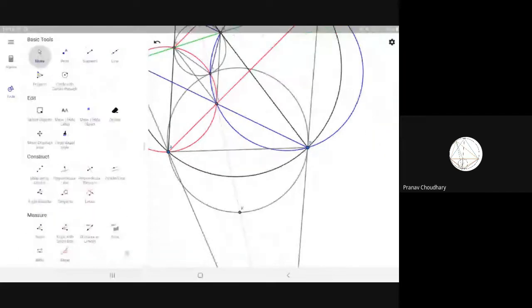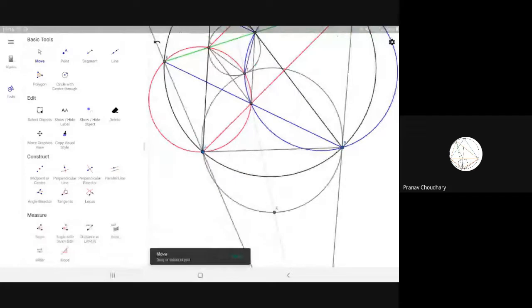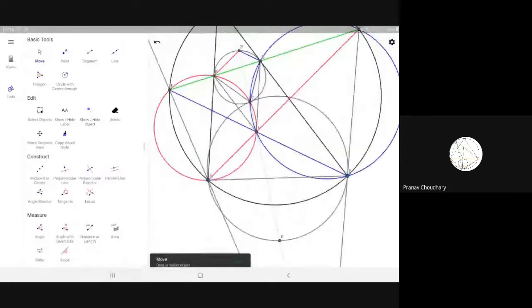It's basically the same kind of angle chase that you can do. It's easy to see. And just like in the previous problem, you can again prove T, I, K are collinear once you get this angle chase, once you get this cyclicity.